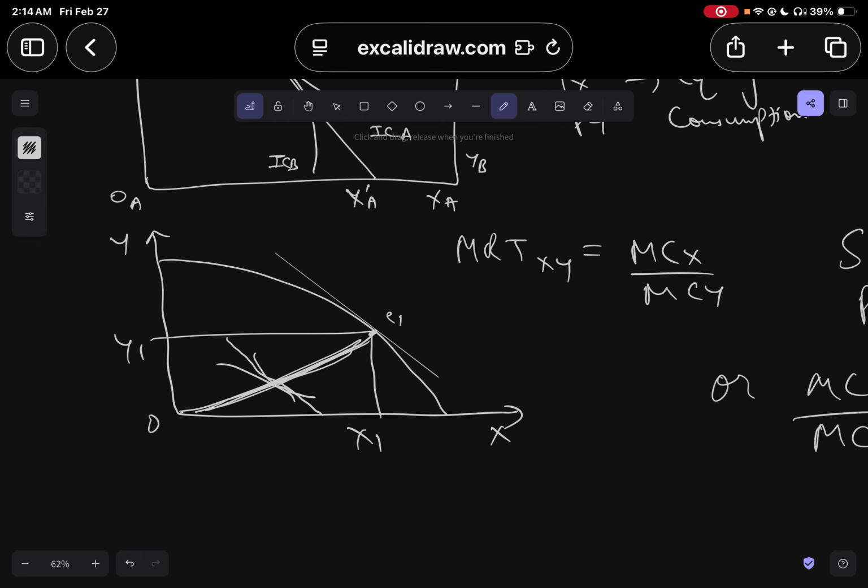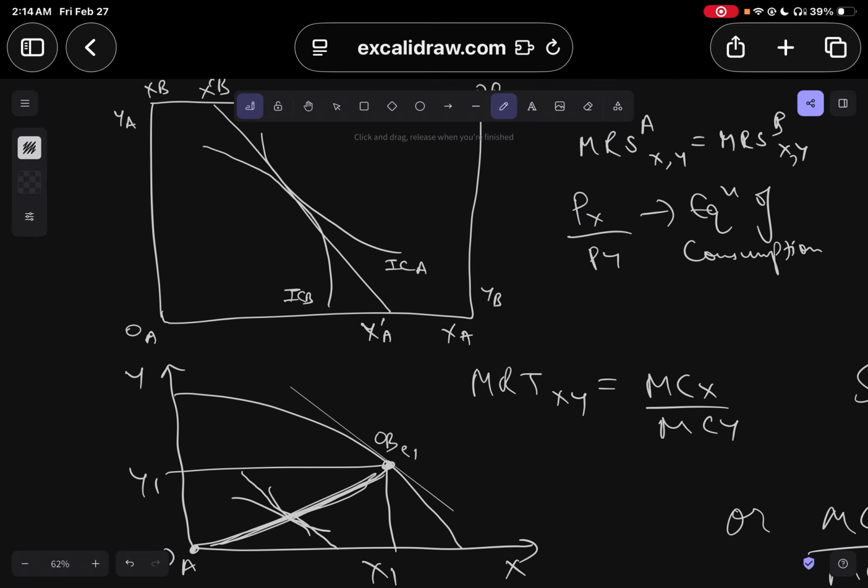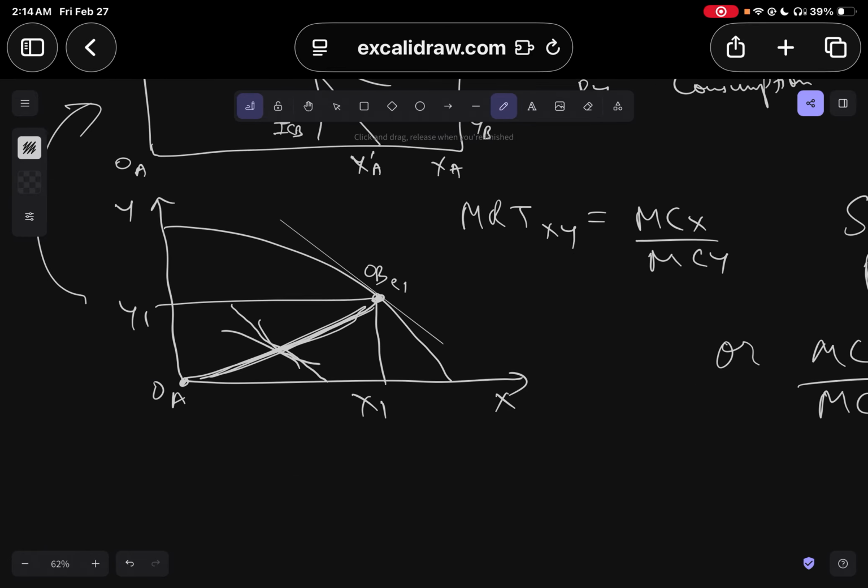Consumption Edgeworth box can be drawn using x1 and y1, keeping origin of A with origin of PPC at this point, and origin of B at E1. Here is the origin of B, so this can also be seen as OA, OB. Same, this can be seen here.